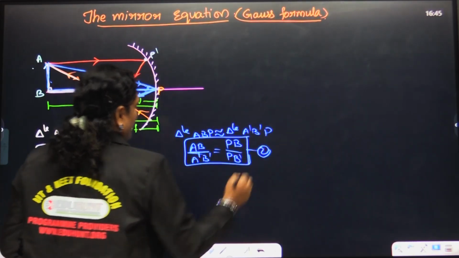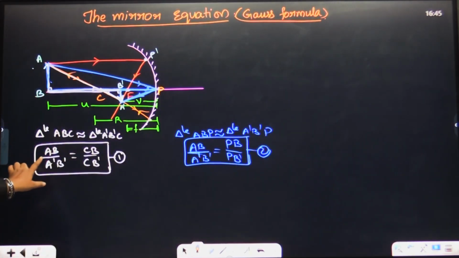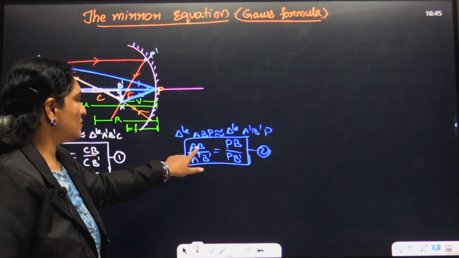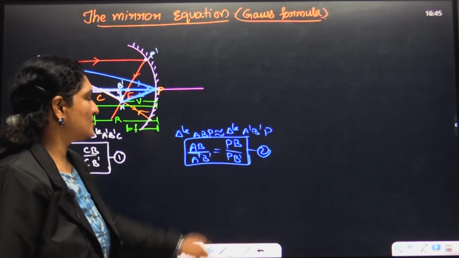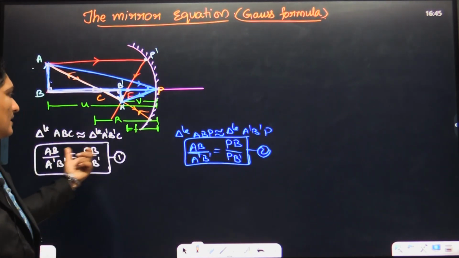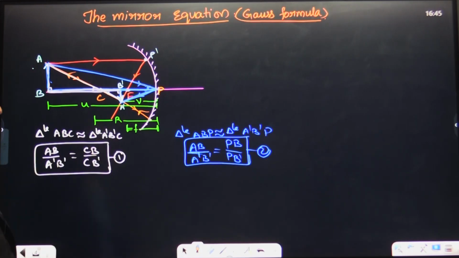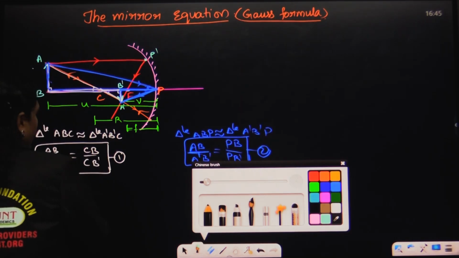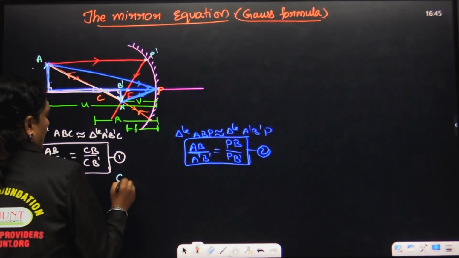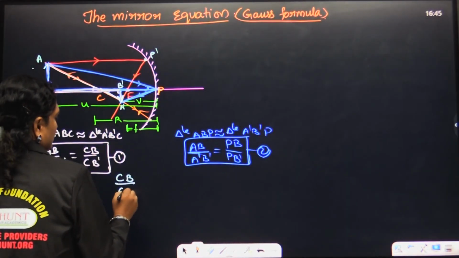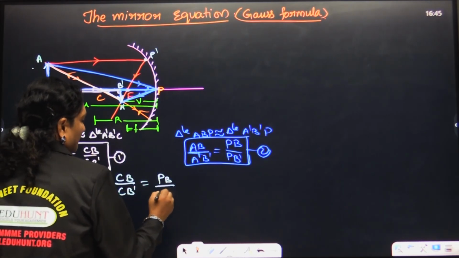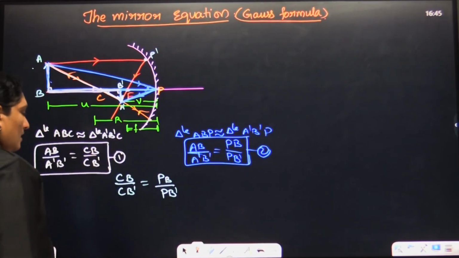Let this be equation 2. So, equation 1, we have AB by A dash B dash equals CB by CB dash, and in equation 2, AB by A dash B dash equals PB by PB dash. Comparing equation 1 and 2, we can conclude that as LHS is equal, RHS can be equated. That is CB by CB dash is equal to PB by PB dash. So this is the conclusion.